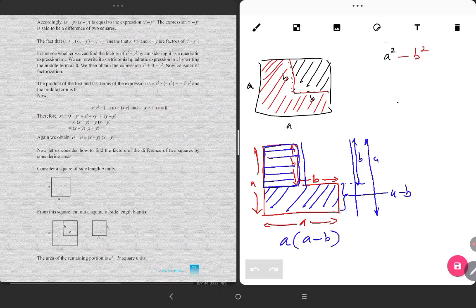We know the height, which is b. What is this length? We know the total length is a and this length is b, so this is a minus b. So height is b, the width is b, and length is a minus b. So it is b times a minus b.